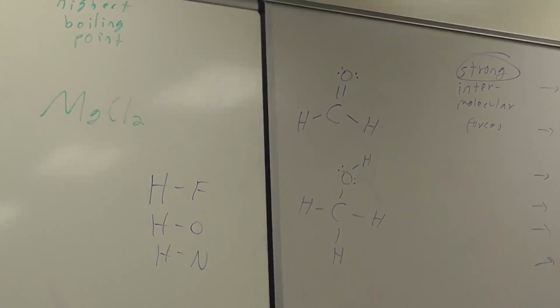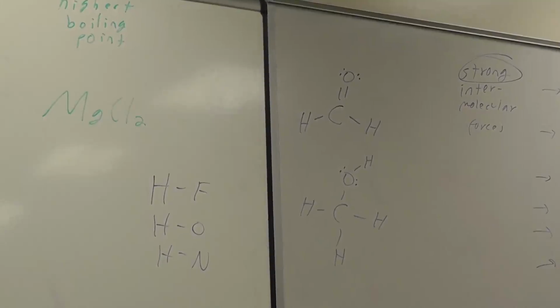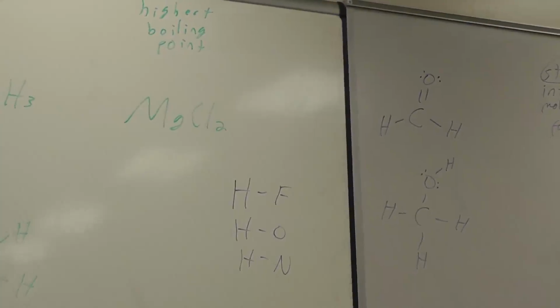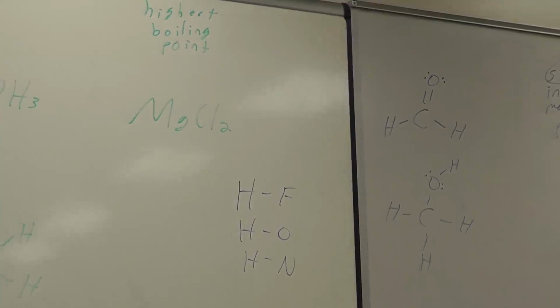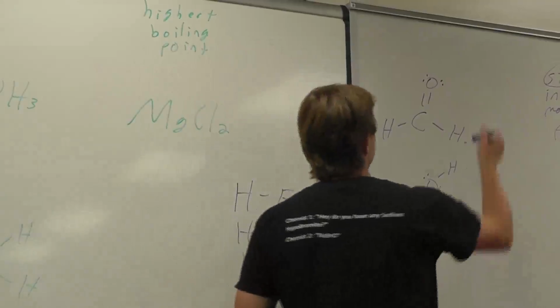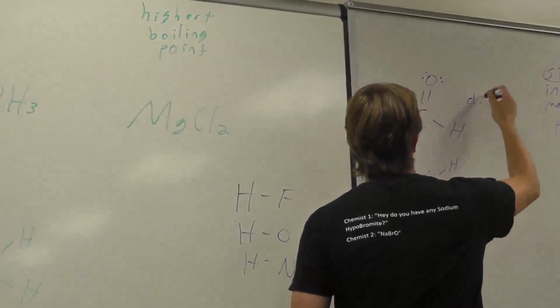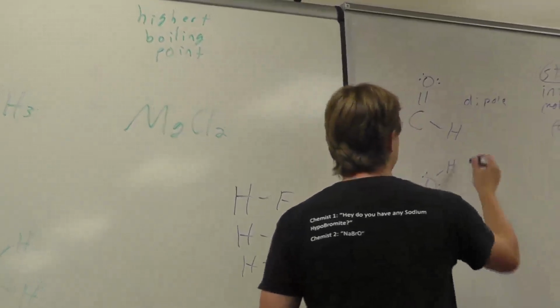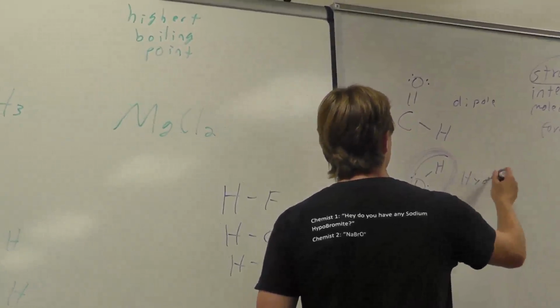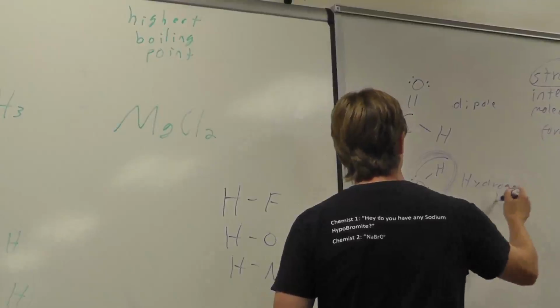H to O is extremely polar, and by extremely I mean just this close to being ionic. And that makes it especially powerful, and that makes it especially cohesive. This is an ordinary kind of polar, so that's dipole attraction. This is extremely polar because of this part right here. That's what's called hydrogen bonding forces.